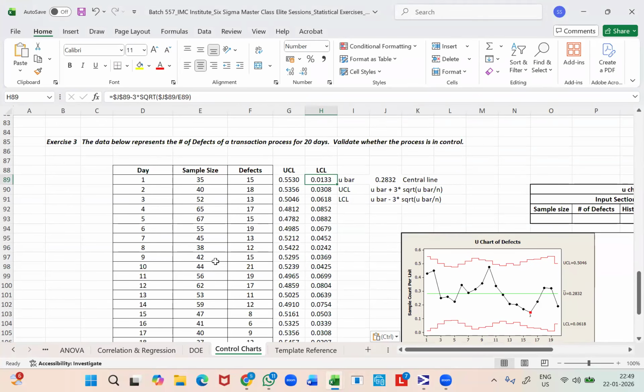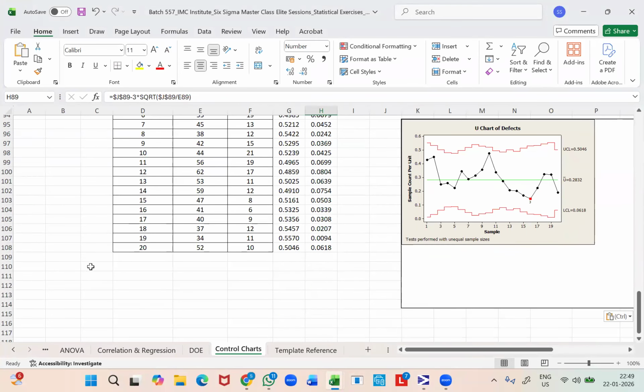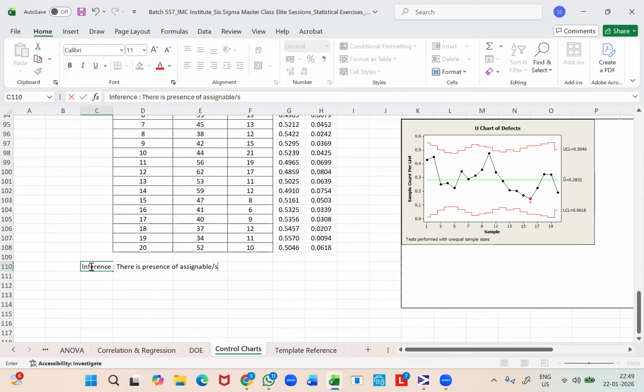Perfect. Right? So let us provide the inference here. The inference will be: there is presence of assignable or special cause variation on the 16th day due to 6 consecutive data points in the downward trend.